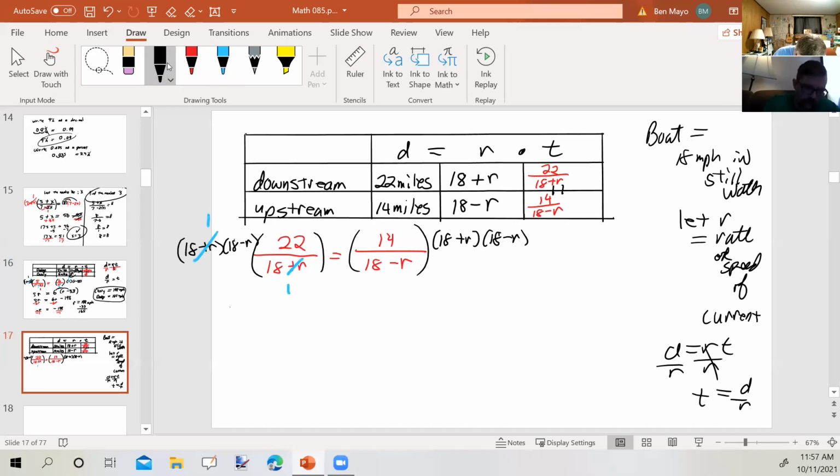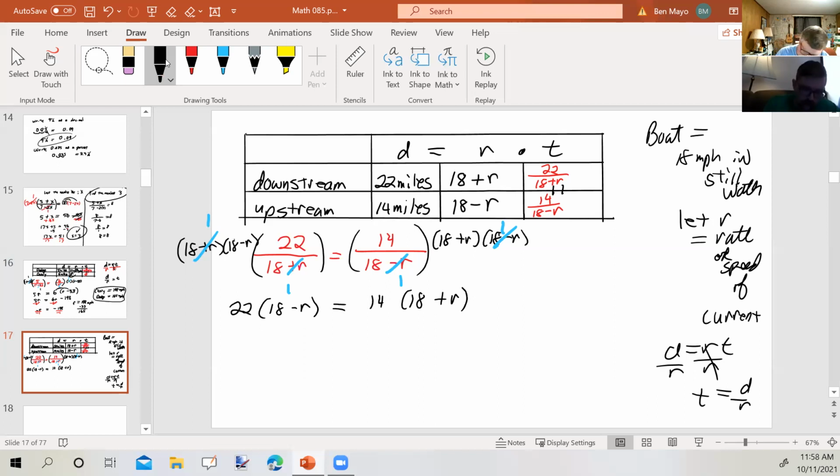And we're left with 22 times 18 minus R. On the right side, the 18 minus R is reduced to 1 over 1. And we're left with 14 times the quantity 18 plus R. Any questions about that step?